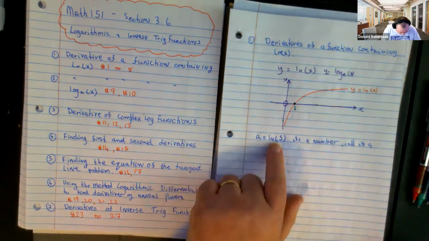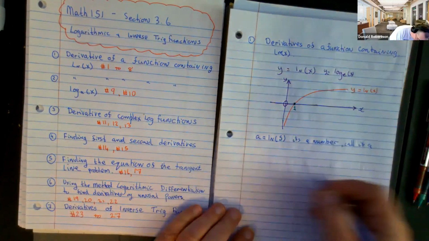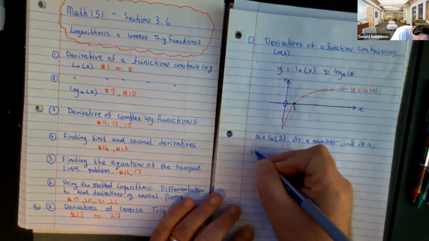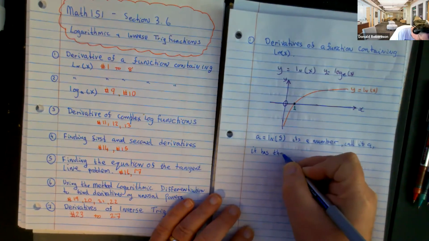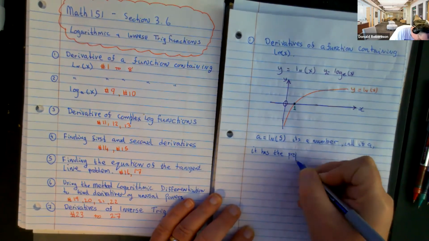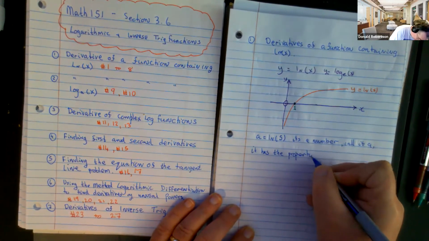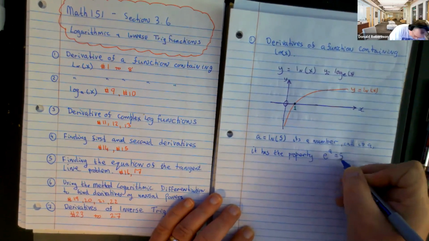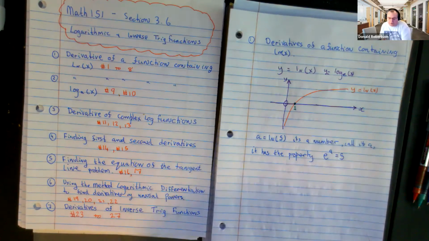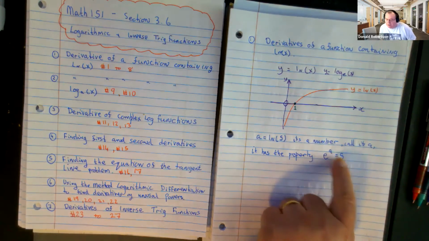So the natural log of 5 is a number, and it has the property that e to the power of a is 5. So the natural log of a number tells you what power of e would give you that number.